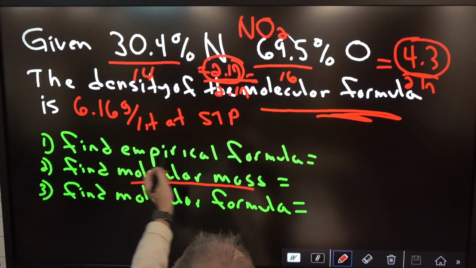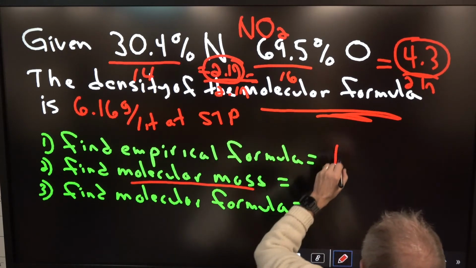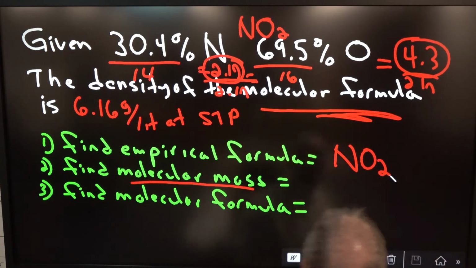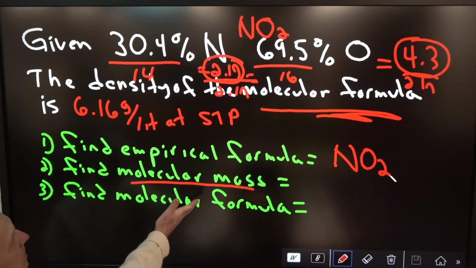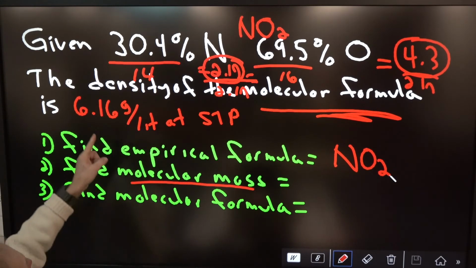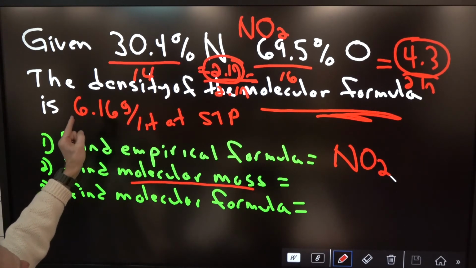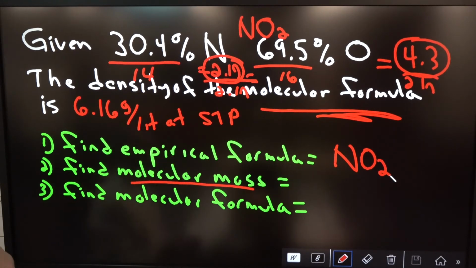So we're going to put that right here. Find empirical formula. It's NO2. Now, to find the molecular mass, I was giving you the density at STP. So what we do is this.